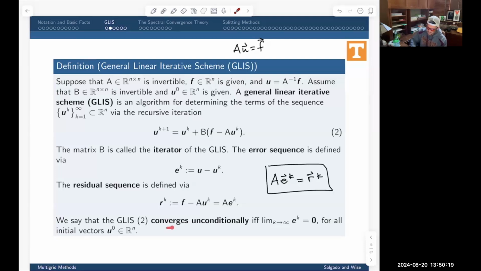So I say it converges unconditionally if and only if the error sequence converges to zero for any choice of the u0. This is equivalent to saying any E0, and I can compute the sequence of EKs, and the limit of the EKs as k goes to infinity should be zero. That's what we mean by unconditional convergence. Okay, any questions about that? All right, cool.